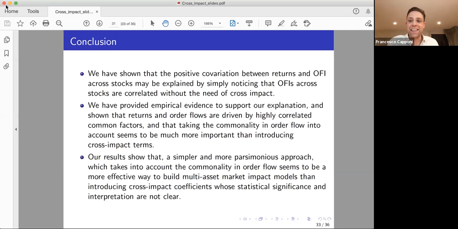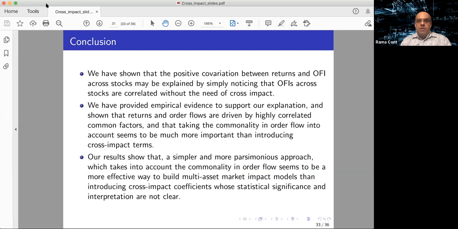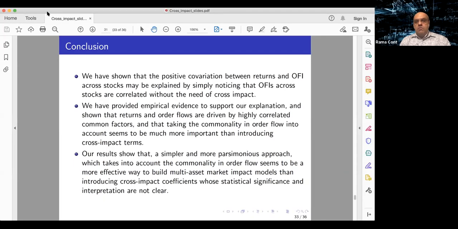Okay. What we tried to show you is that the phenomenon people refer to when they justify these cross-impact models with an impact matrix having off-diagonal elements is that there's positive covariation between the returns and the order flow imbalance of different stocks. But this phenomenon can be explained without introducing such high-dimensional models with many coefficients, and without even using the concept of cross-impact, simply by noting that order flow imbalances across stocks are correlated.